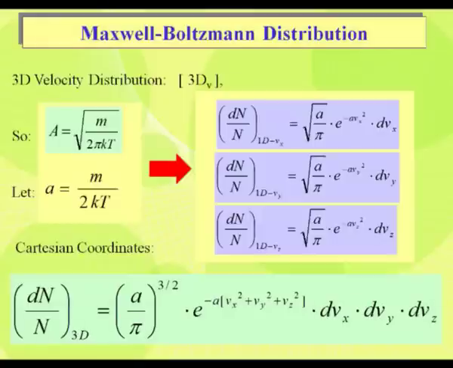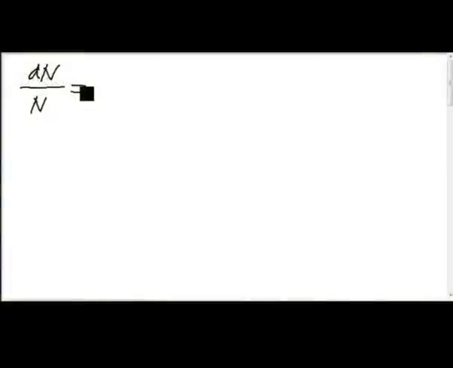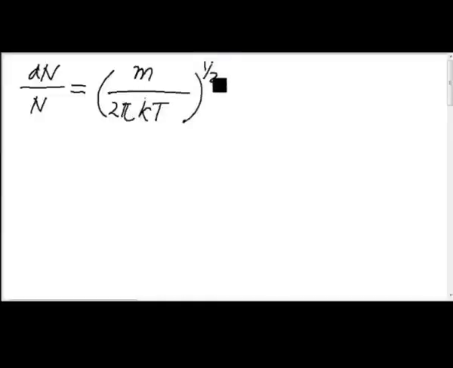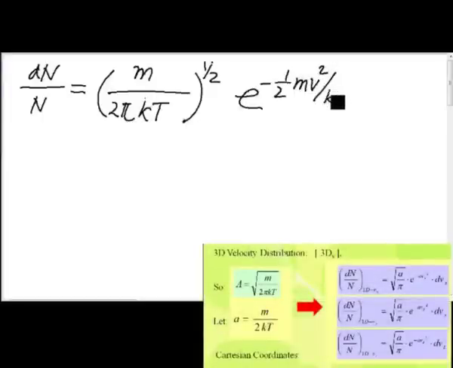The fraction of the molecules is equal to m per 2 pi kT to the power of a half, times e to the power of minus half m Vx squared per kT, and here is x because it is in the x direction.